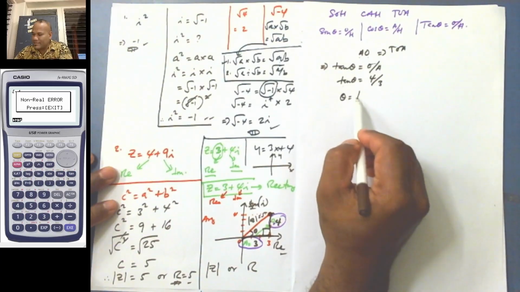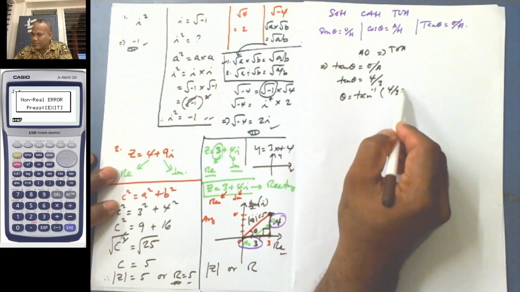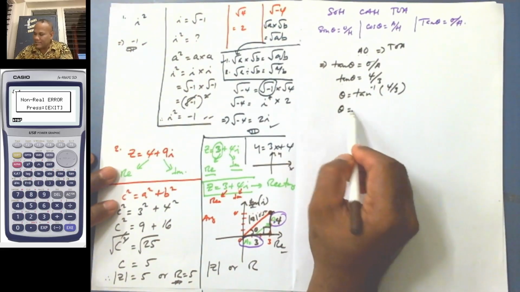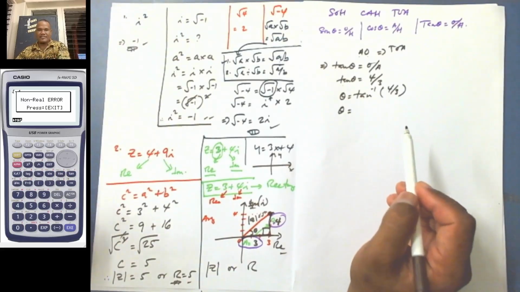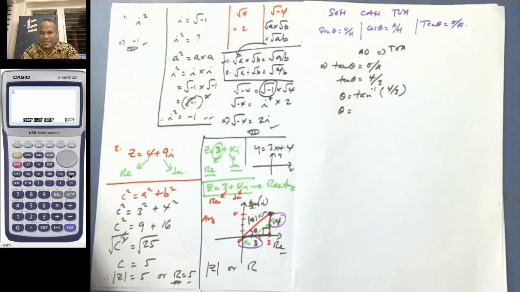So theta equals tangent inverse of 4 over 3. Press your calculator: shift tangent, so tangent on top is tangent inverse.